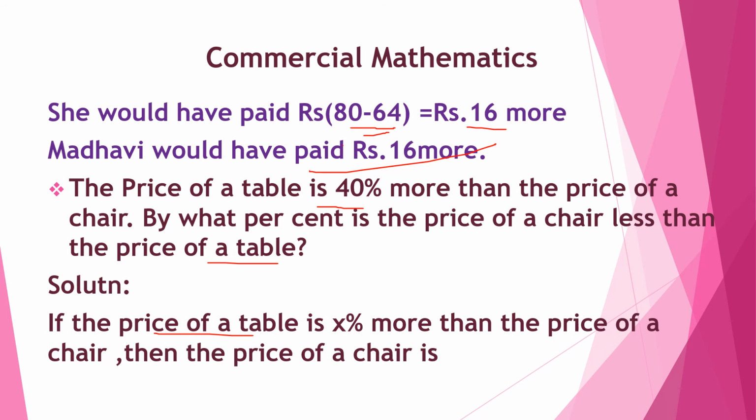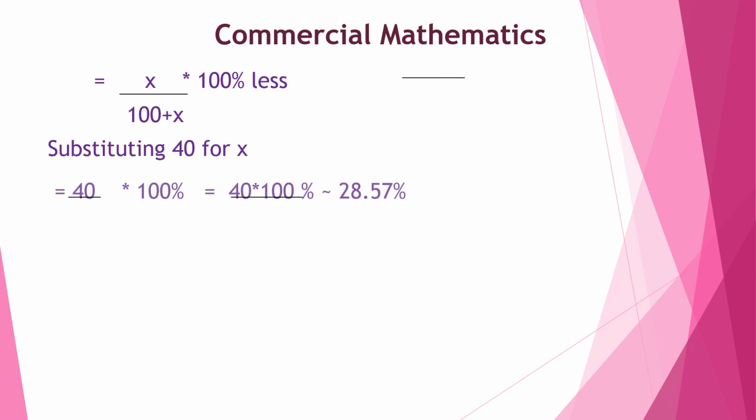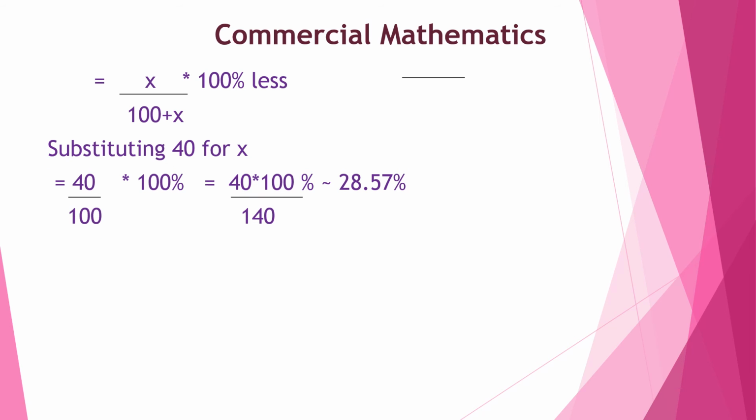If the price of the table is X% more than the price of the chair, then the price of the chair is X divided by (100 plus X) into 100% less. So substituting 40 for X, I have 40 by 140 into 100%.